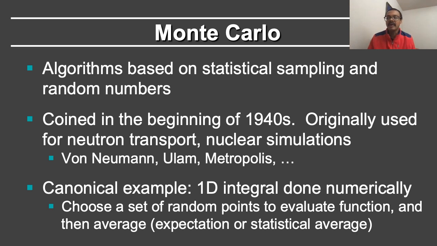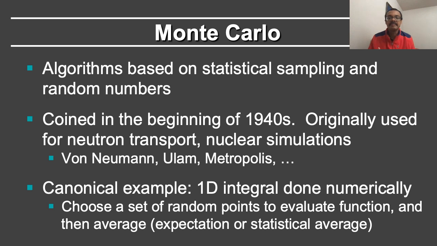The Monte Carlo algorithms are based on statistical sampling and random numbers. They were coined in the beginning of the 1940s. The term Monte Carlo originated in discussing neutron transport and nuclear simulations.